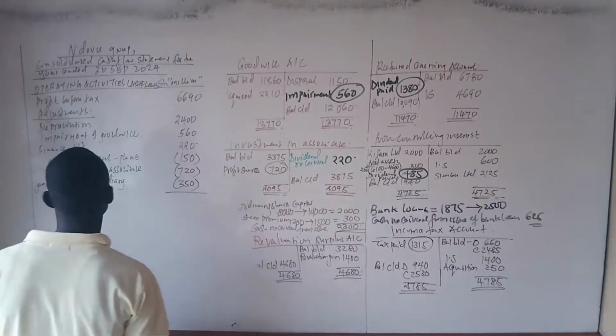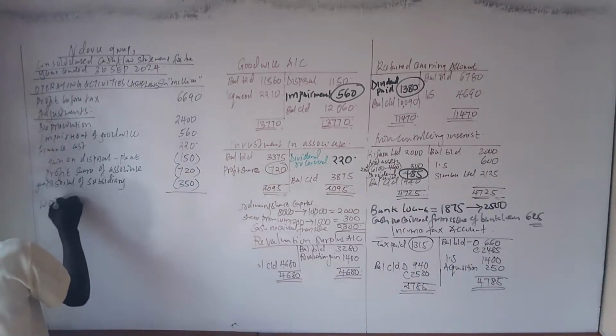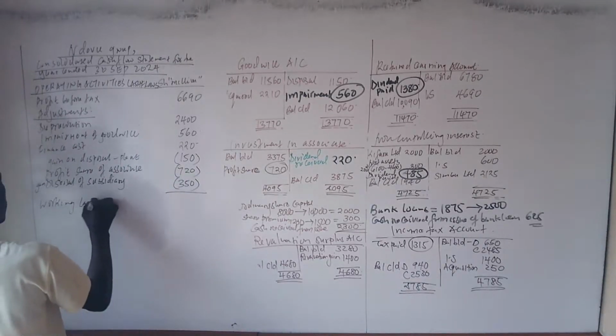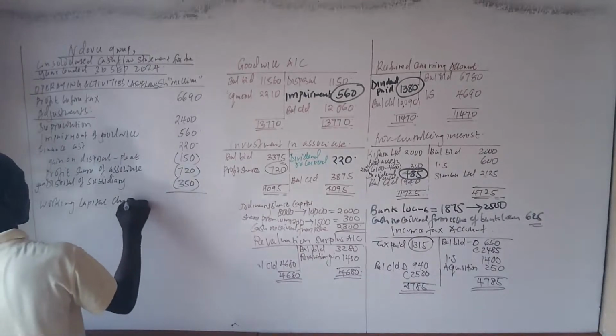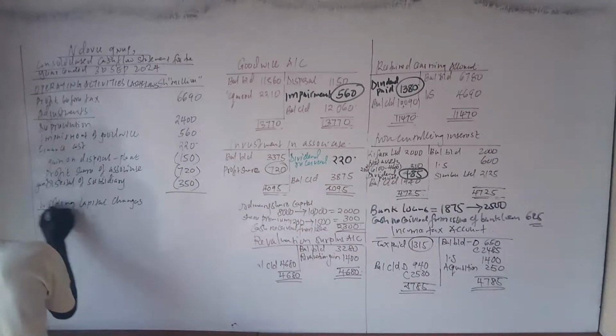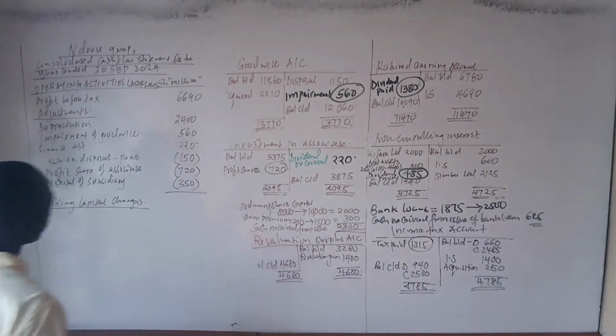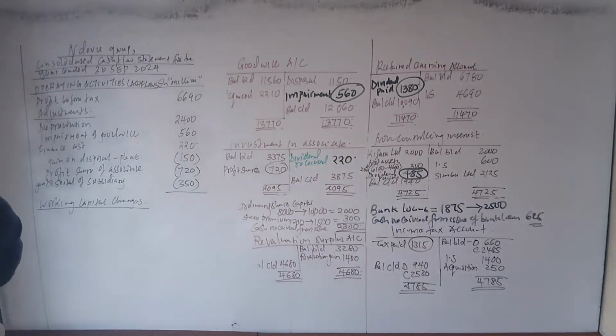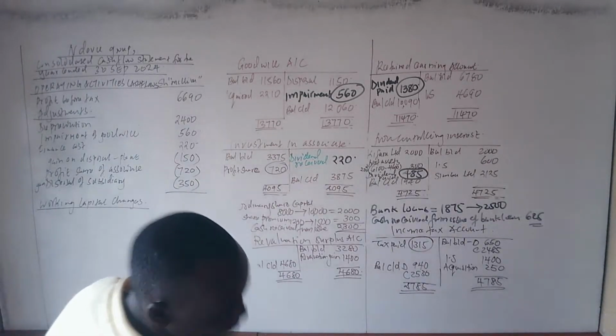350. Now give me the total so that we can look at the working capital changes. So how much are you getting? 6690.